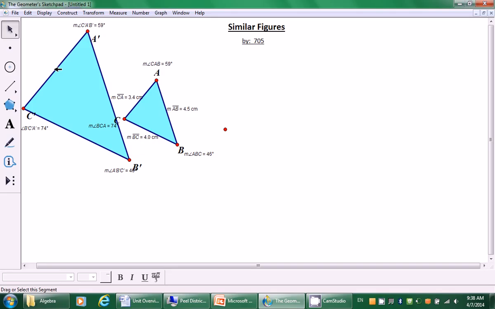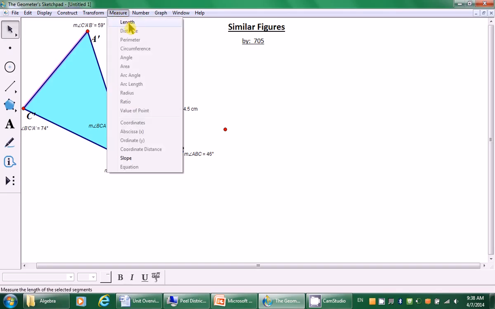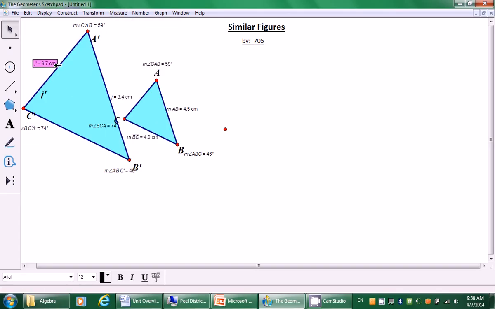All right, let's click on the first side, side CA, or in this case, side C prime A prime. Measure length. Okay, so let's look at these two measurements. The first measurement here, Geometer Sketchpad called side J, was 3.4 centimeters, and then in my enlarged diagram, I get J prime equals 6.7.